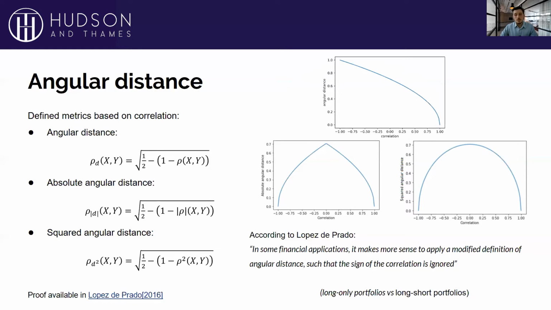For the long-only portfolios, it would make sense to use the angular distance, because if we have two elements that have high negative correlation between them, buying the first and buying the second one would have drastically different performance on our portfolio. If one would go up, the other is likely to go down.